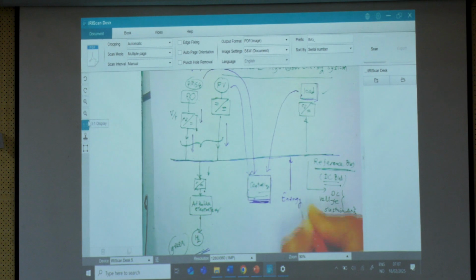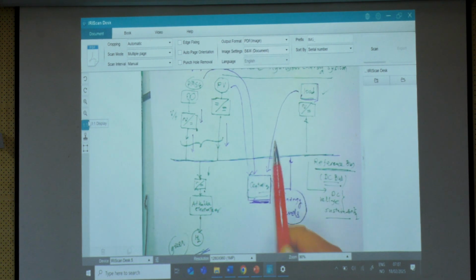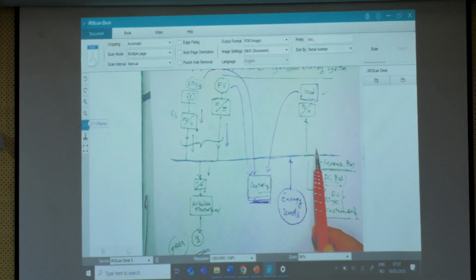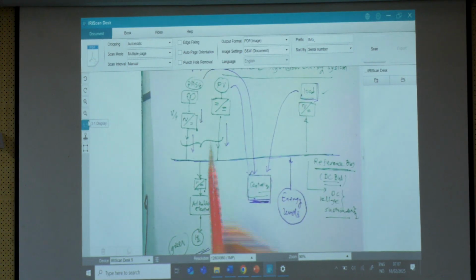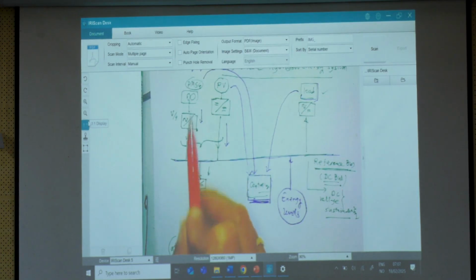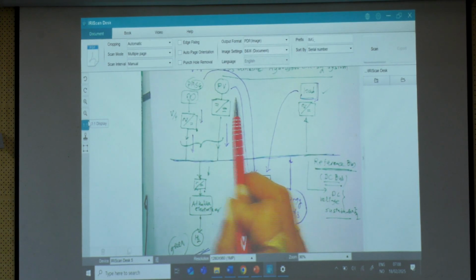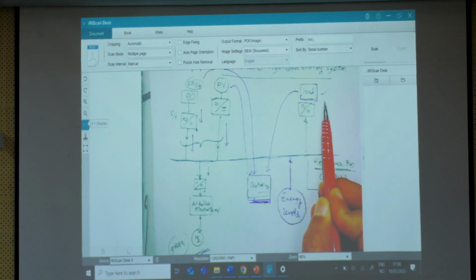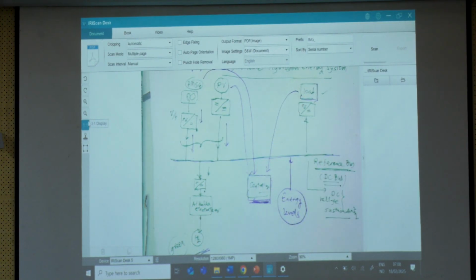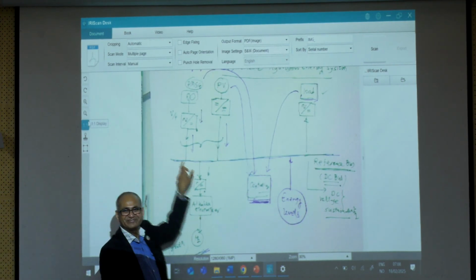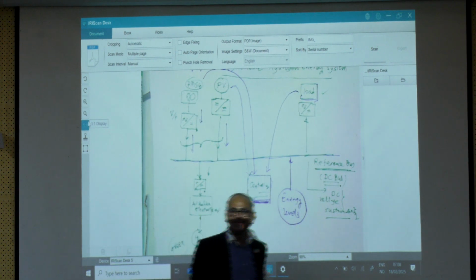You can see that the energy level at the DC bus is going to be changing. Why? Because this is also intermittent, this is also intermittent, this is also intermittent, and due to all that intermittency, naturally the energy level is going to change.